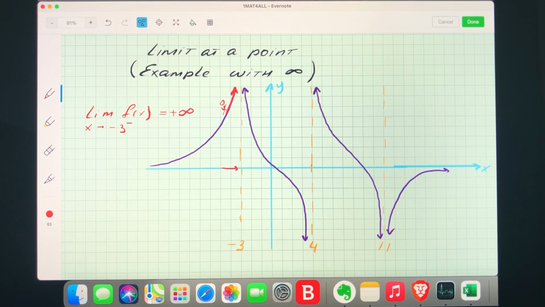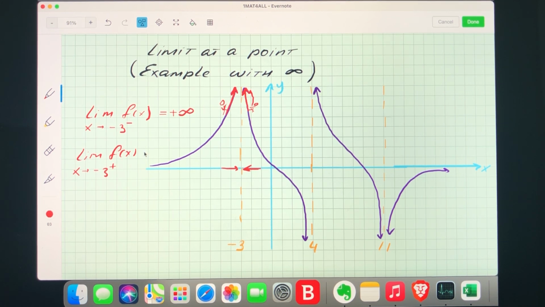Now, as I'm looking at -3 from the right side, I'm moving from this direction. Moving on the right side of the curve, I'm trying to approach -3, trying to get as close to it as possible without actually hitting -3, and asking myself, what is this height going to be?